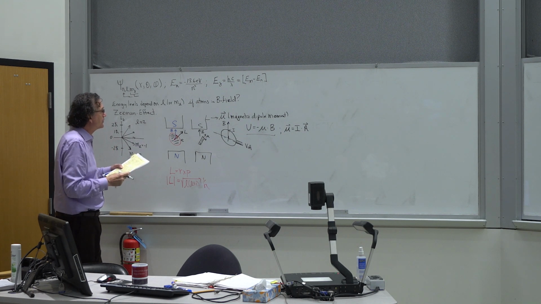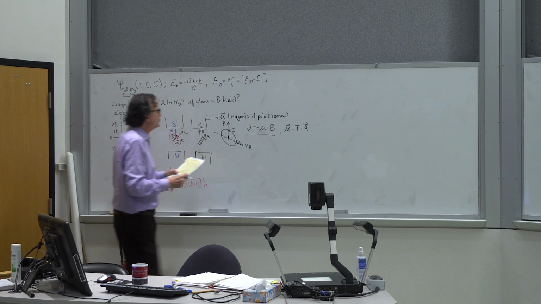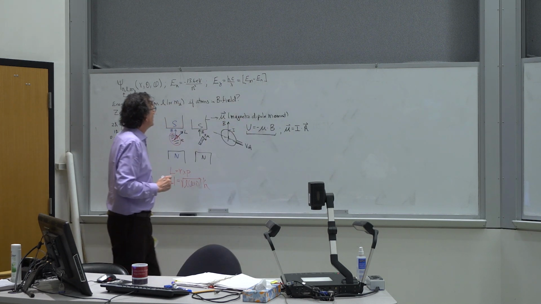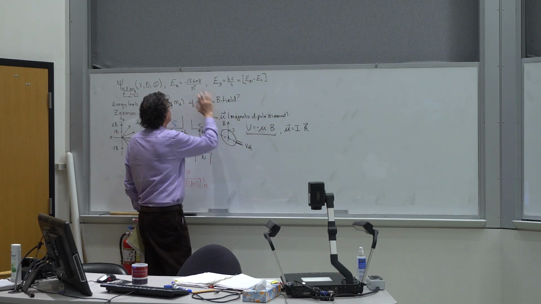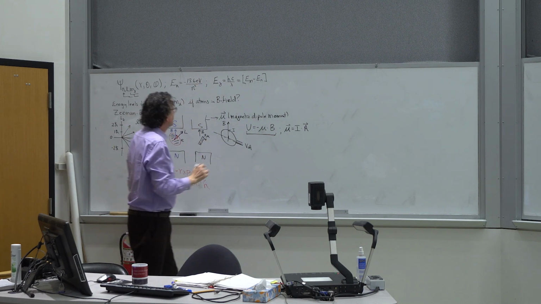So how do we relate angular momentum to magnetic dipole moment? We're going to use this in the energy equation, adding this term to the energy that already exists as a result of the Coulomb barrier.